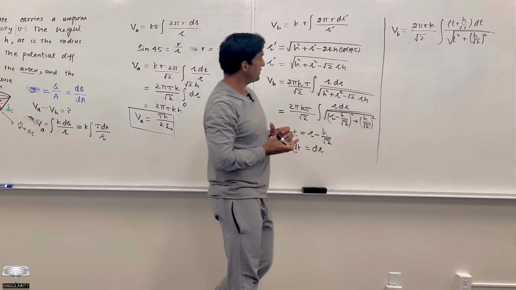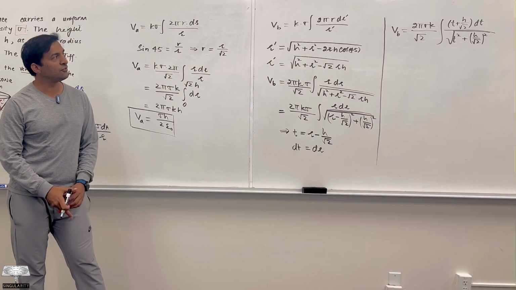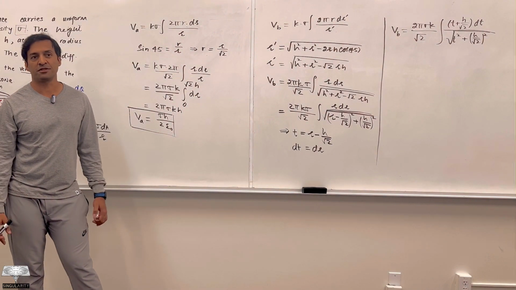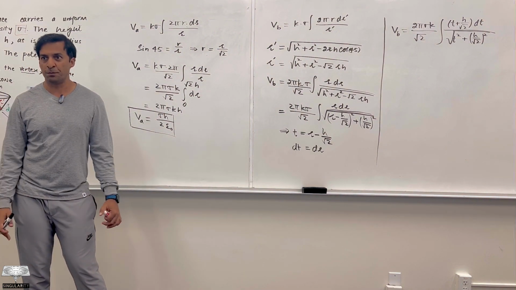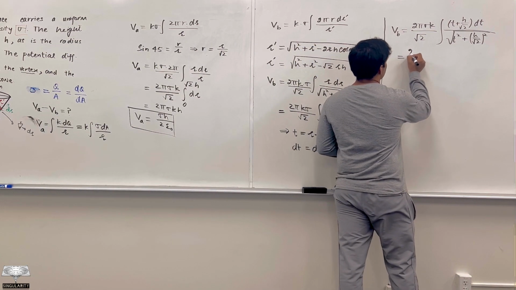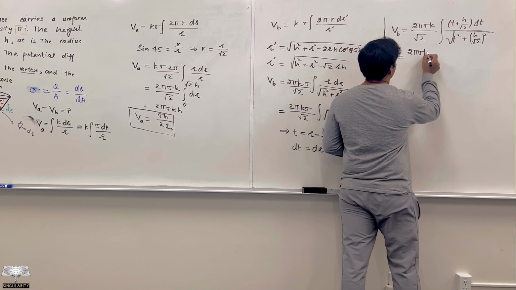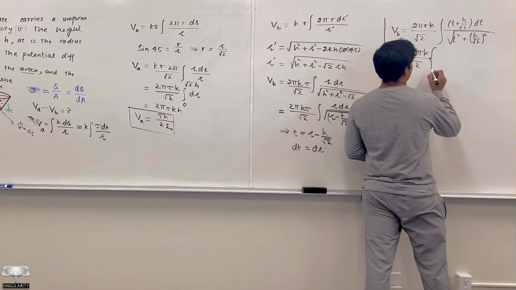Okay, right, that's the substitution. In the next step, you see we have a sum of two terms in the numerator, so you can split this one integral into two to make our life a little easier. So let's write 2 pi sigma a divided by square root 2. Now it's being multiplied with two terms.